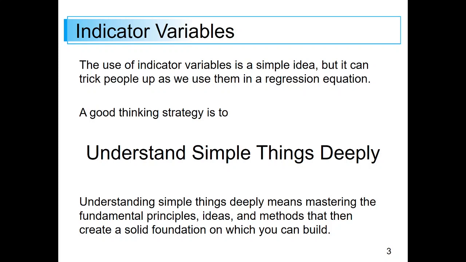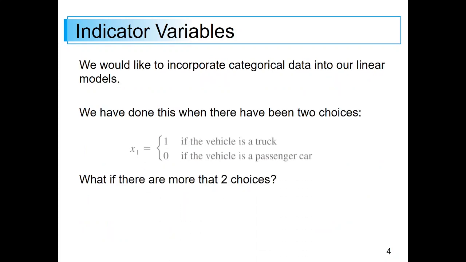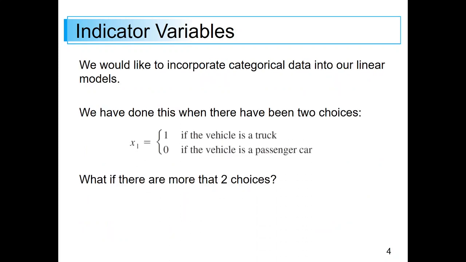Indicator variables are not that complicated. However, we're going to start building upon those, and if you try to go straight there without an understanding of indicator variables, you're going to get messed up. If you have a nice foundational understanding of indicator variables, that's going to help you a lot.